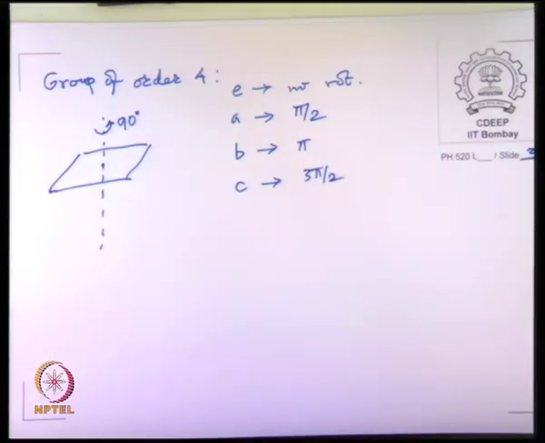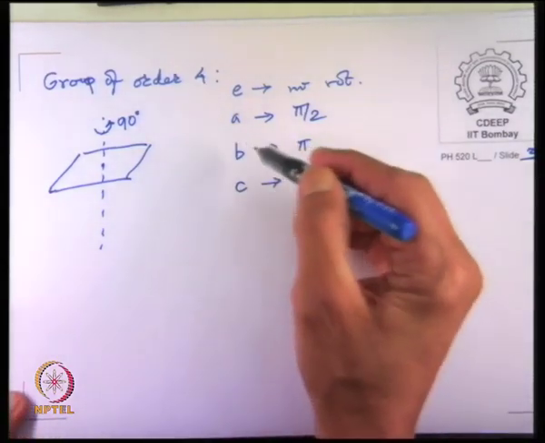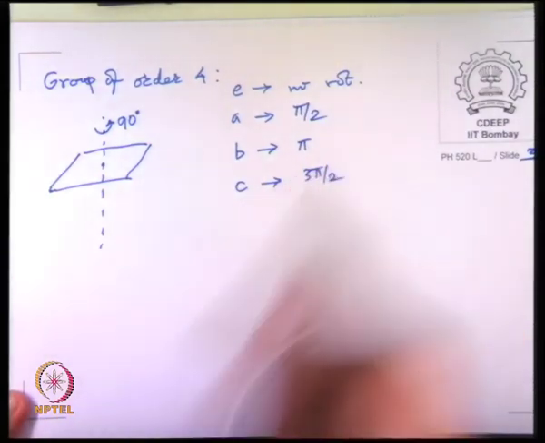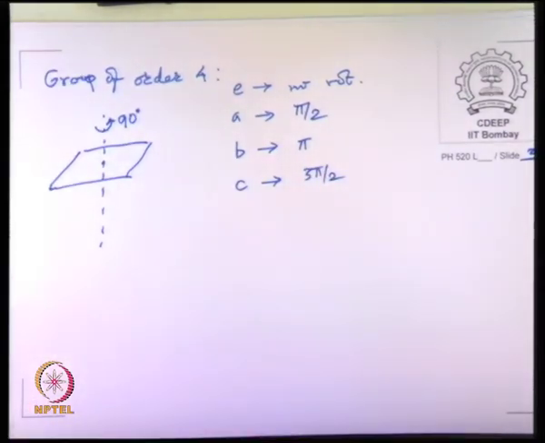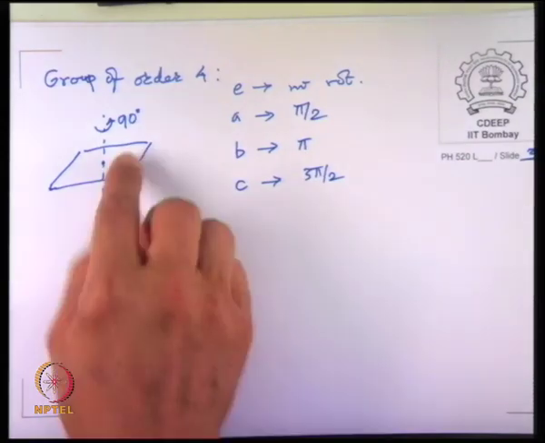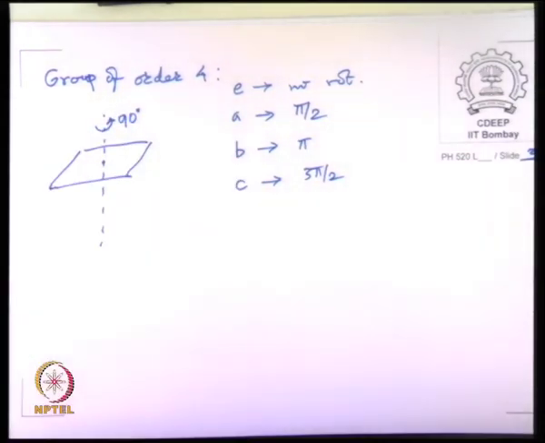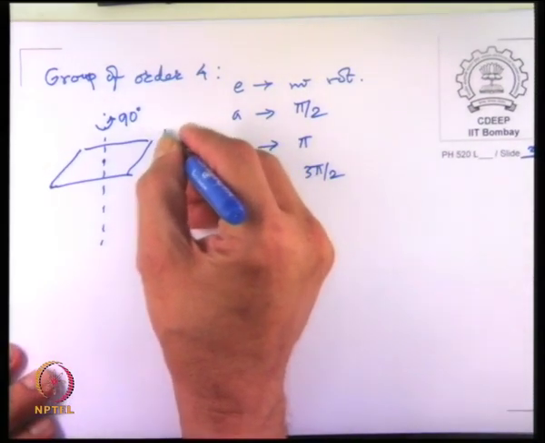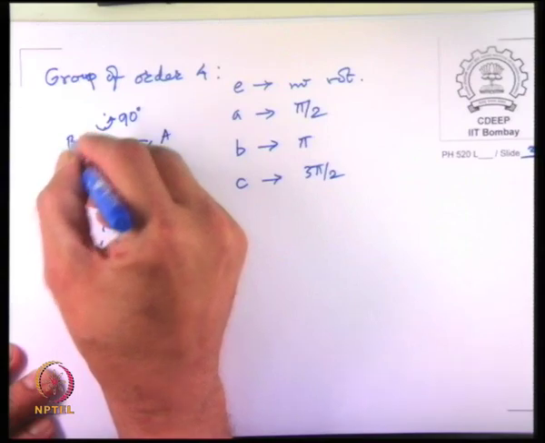So this is a very simple example of a slightly more difficult group. We can see that it satisfies all the group axioms because it is closed, all the operations are closed. You combine any two of them, you reproduce another operation. So remember the configurations of this square, you may even try to remember what they are, so call it A, B, C, D. Okay.